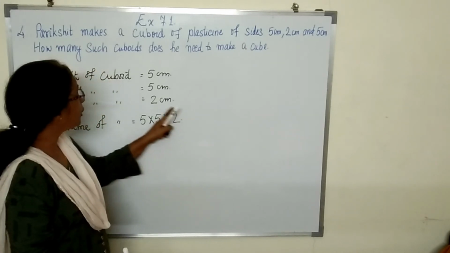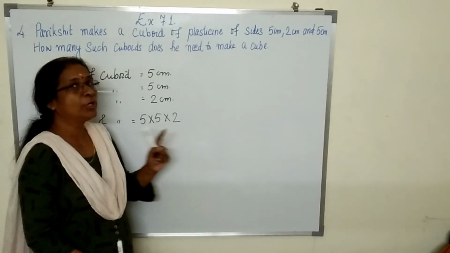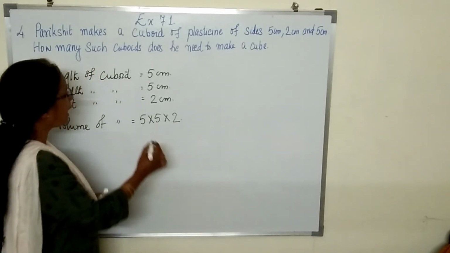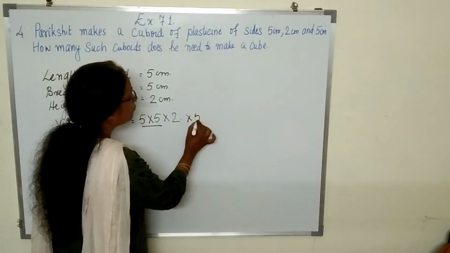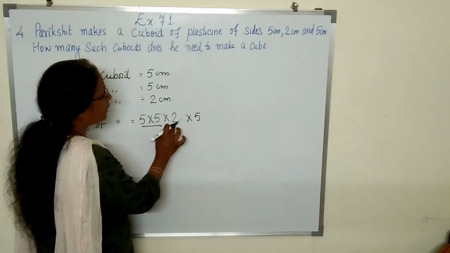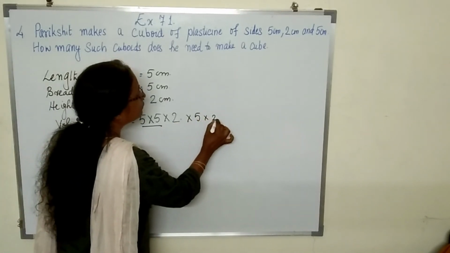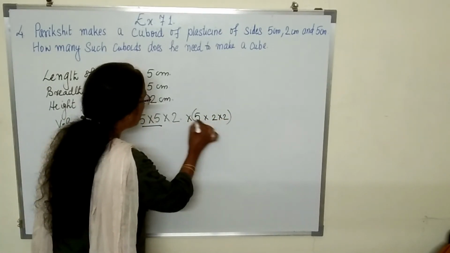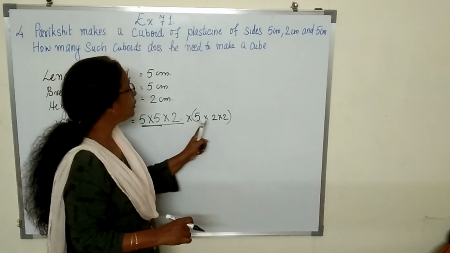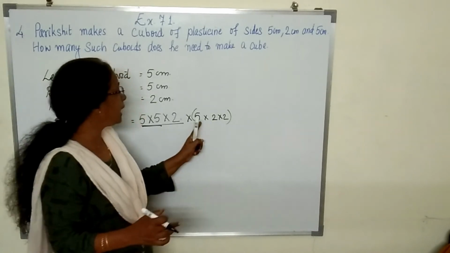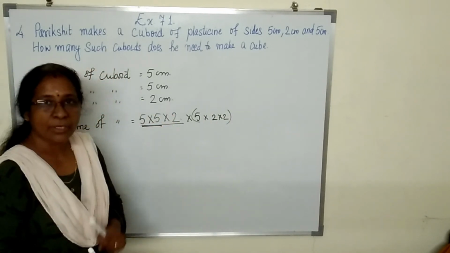Now, how to make it a cube? If you want to convert this number into a cube, what do you need? Here we have 5 two times, so you need one more 5. Similarly, here you have only one 2, so you need two more 2's. So if you multiply this cuboid 5 into 2 into 2 times, then you will get a cube.